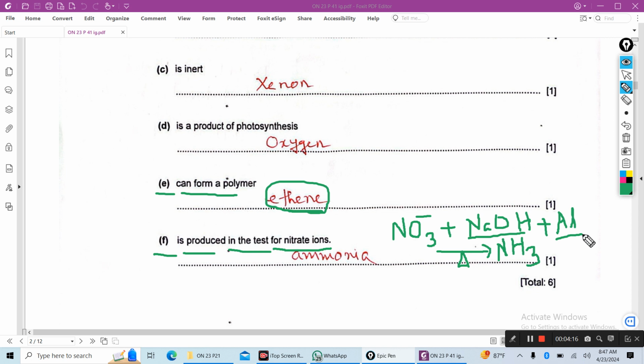Ammonia gas is produced, which turns damp red litmus paper blue. So ammonia gas is produced in the nitrate ion test.